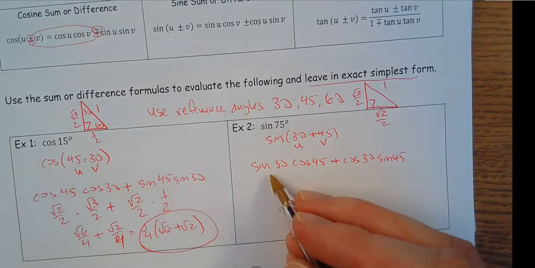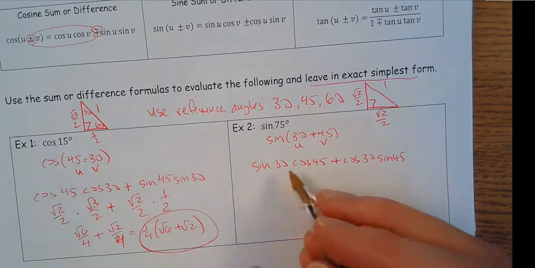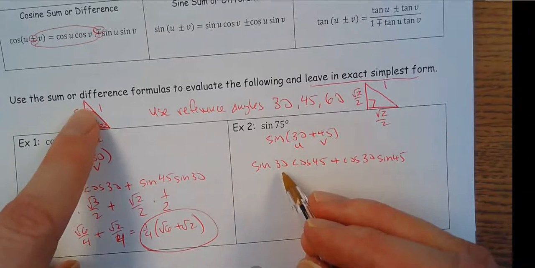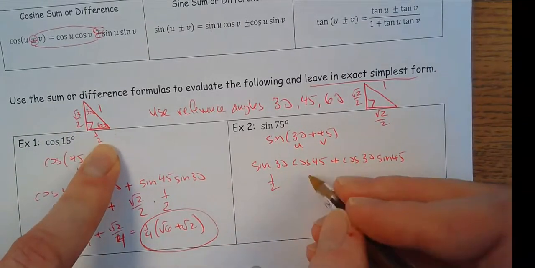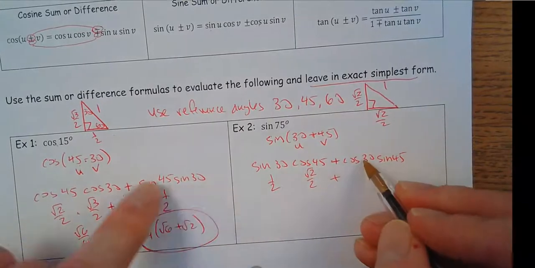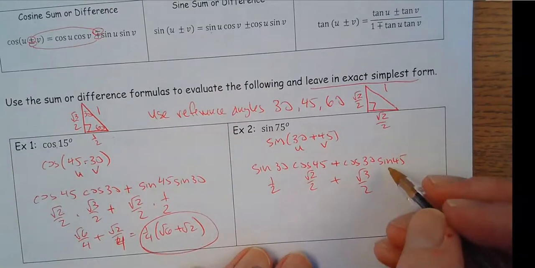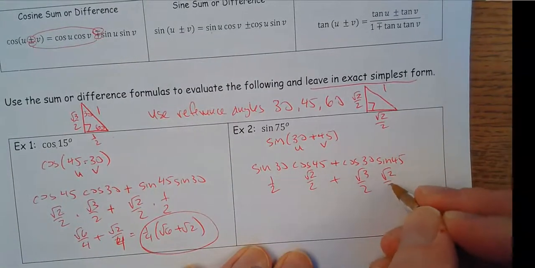So you can either go back here and look at these guys, or you can look back at your reference. So sine 30, one half, cosine 45 is radical 2 over 2, cosine 30, radical 3 over 2, sine 45, radical 2 over 2.